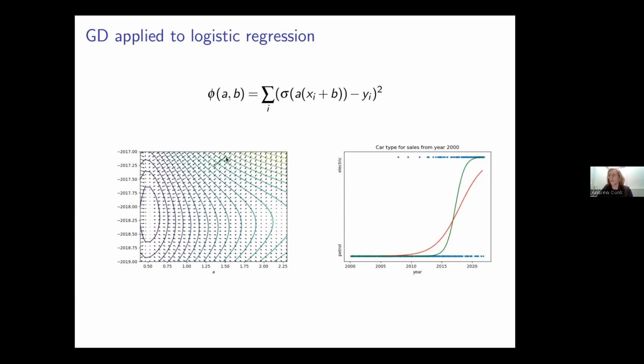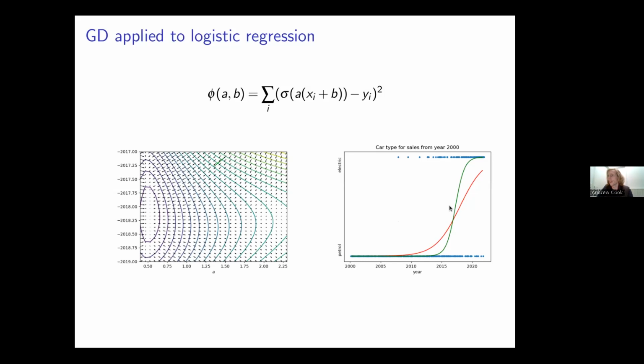Now I've chosen an initial starting point and taken the first step of gradient descent, which is what this little green line segment is showing. The top right is the initial starting point, and the bottom left is the new updated point after our first iteration of gradient descent.